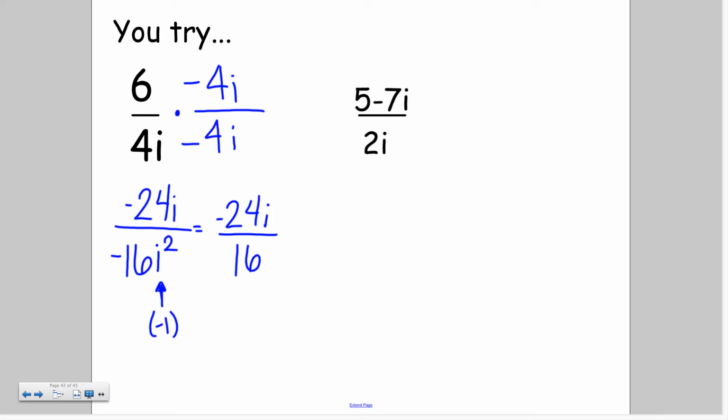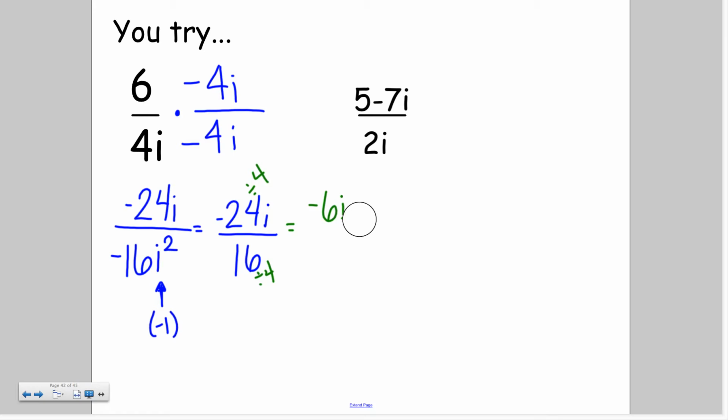Well, I know that the factors of 24 and the factors of 16 have one in common, which is 4. I can divide both of those by 4.